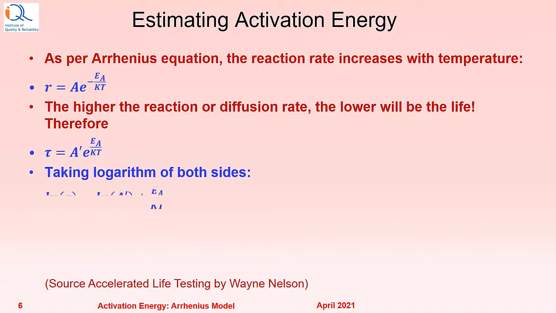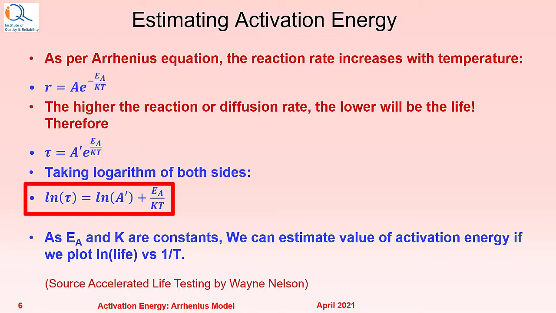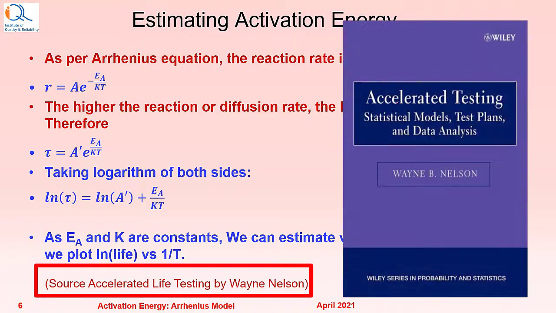Taking logarithm of both sides, we can say that ln of life tau equals ln of A dash plus EA upon KT. As EA and K are constants, we can estimate value of activation energy if we plot ln of life versus 1 upon T, where T is temperature in Kelvin. Source of this information is the Accelerated Life Testing book by Wayne Nelson.